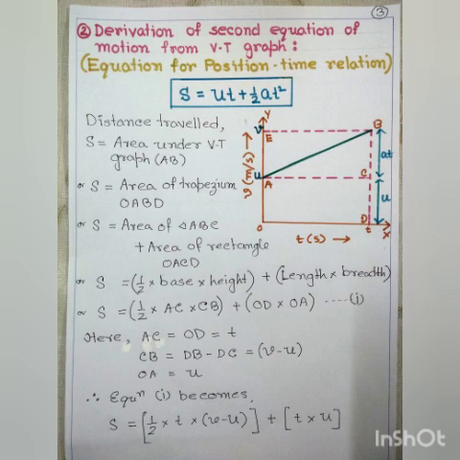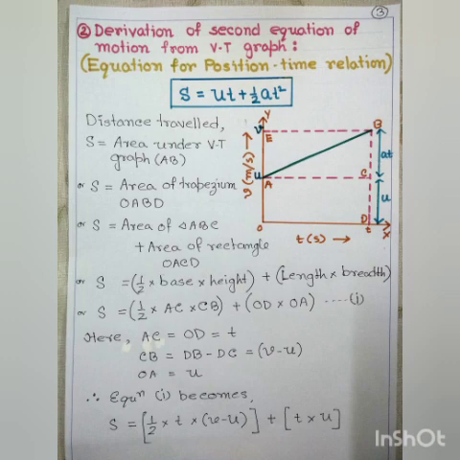Now if we separately calculate their area and add them, we will get the total area of the trapezium OABD. Now see, here distance travelled S equals area of triangle ABC plus area of rectangle OACD.